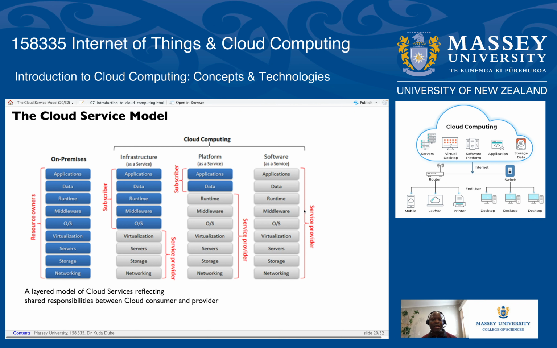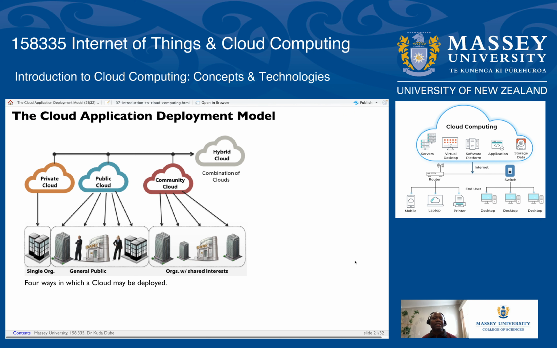It's layered architecture based. Now let's look at the cloud application deployment model. There are four ways in which a cloud may be deployed. You may have a private cloud, where your organization creates a cloud and runs it themselves.